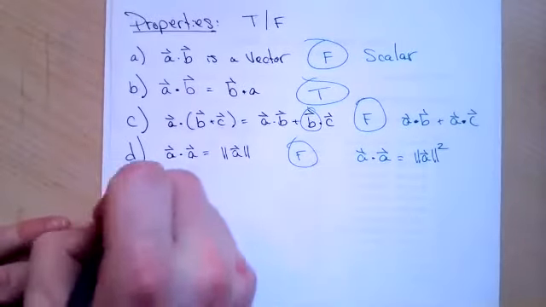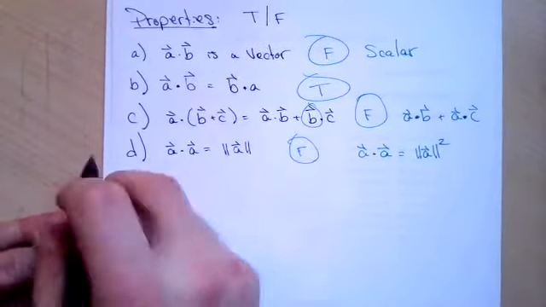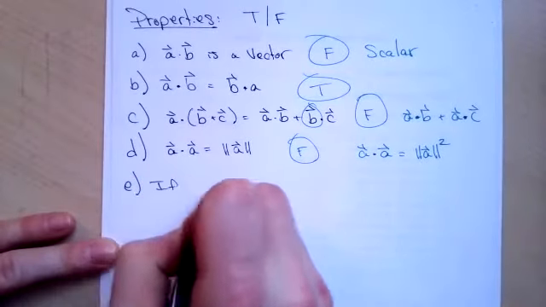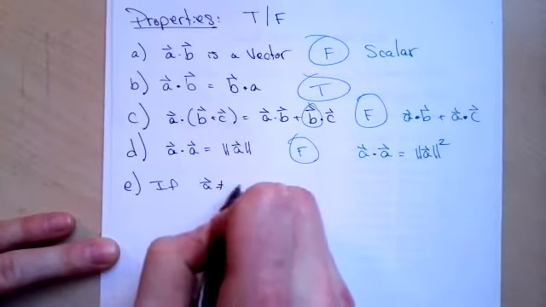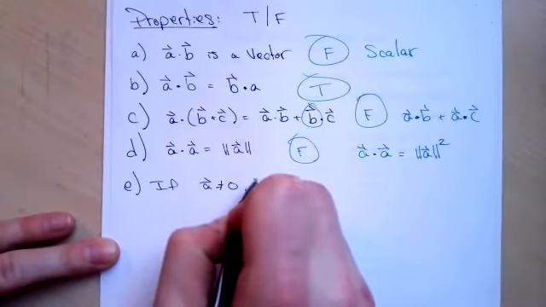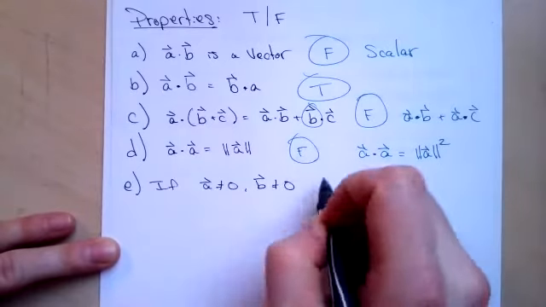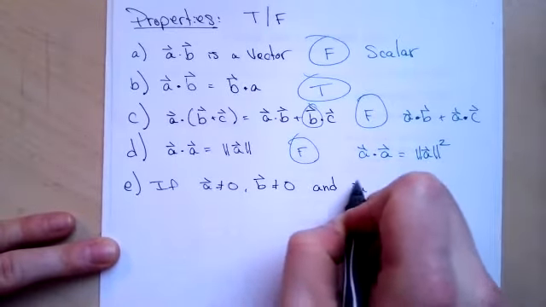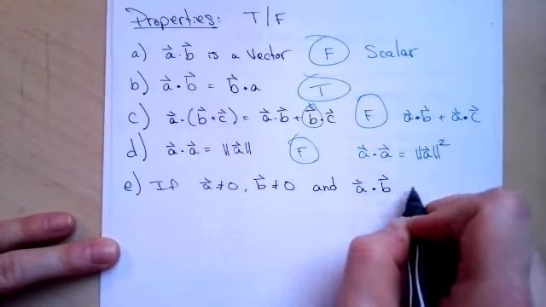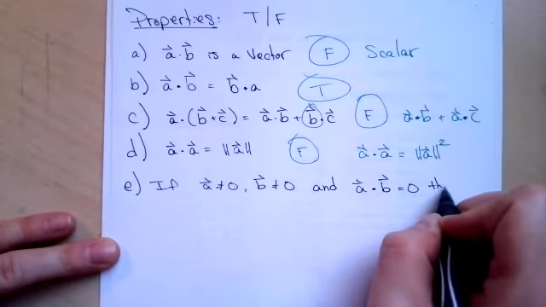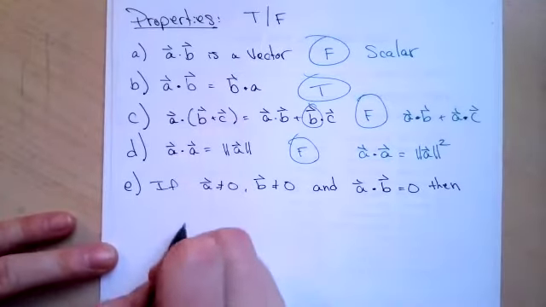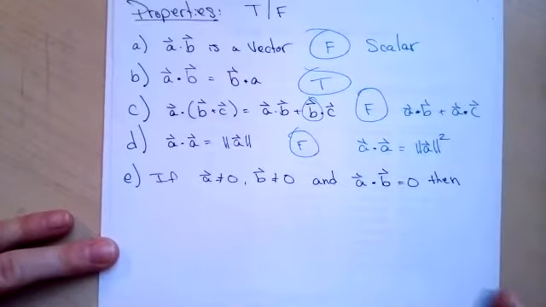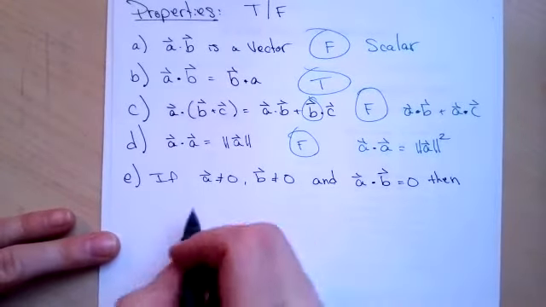And the last one, we're going to introduce some new terminology. If we have two vectors that are non-zero, and their dot product is equal to 0.